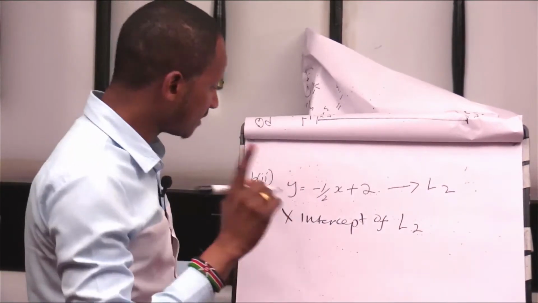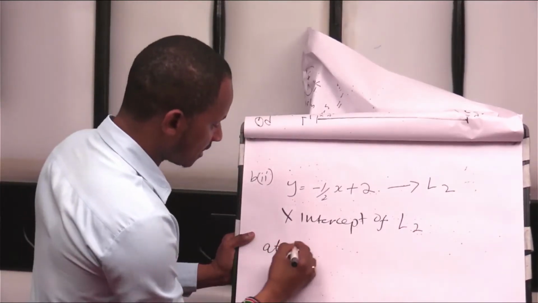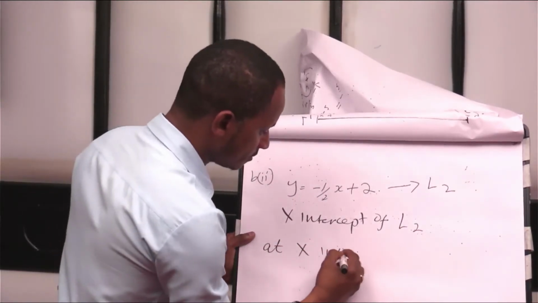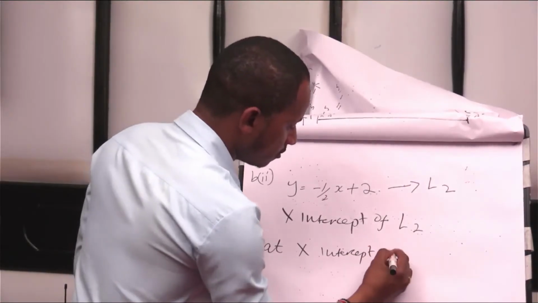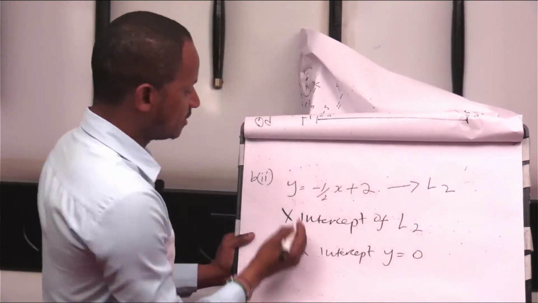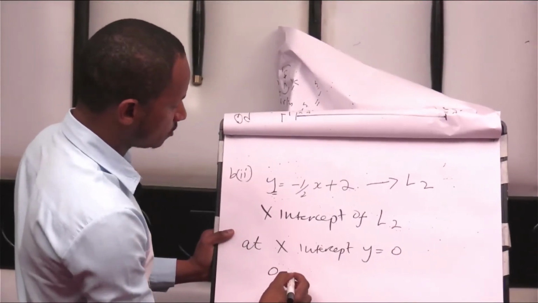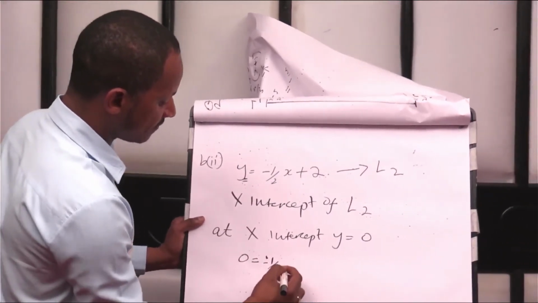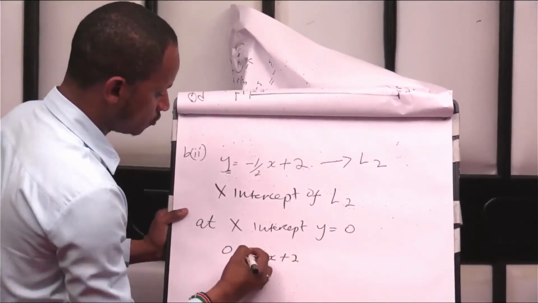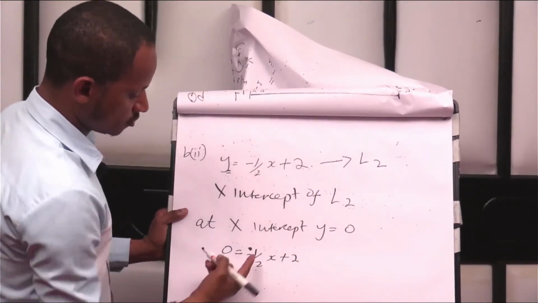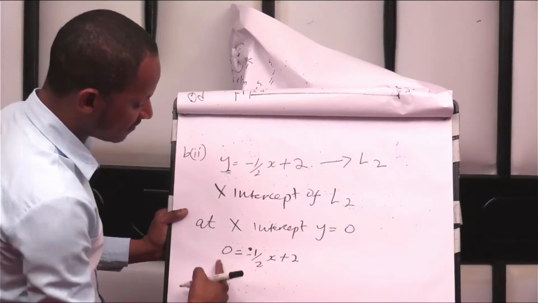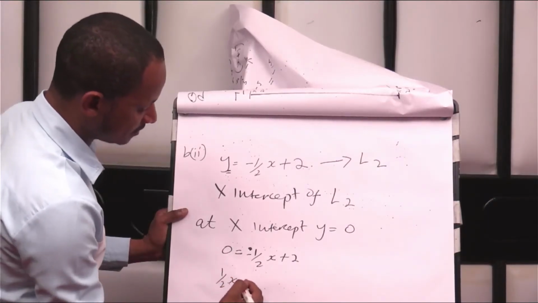At x-intercept, note this, y equals 0. Then just come and replace here. Put 0 equals minus a half x plus 2. So when minus a half comes this side, it becomes a half x, positive.